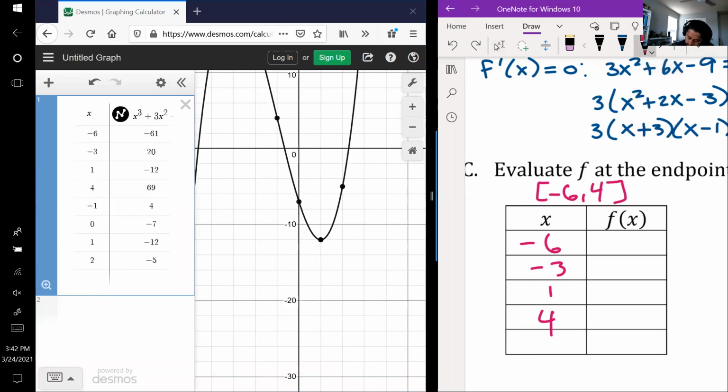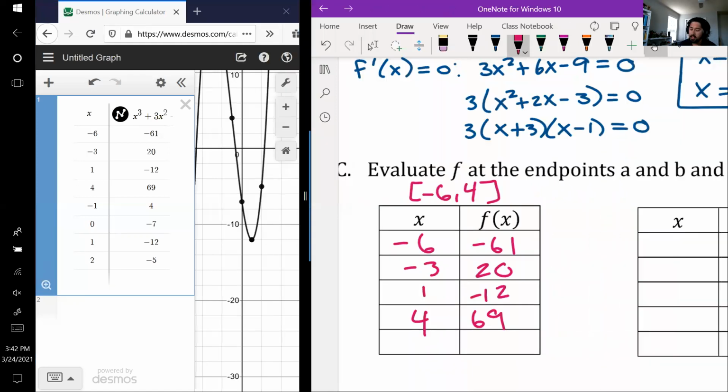We have at -6, -61, 20, -12, and 69. Okay, now just look at your y values of this given chart and which one is the absolute lowest? -61.